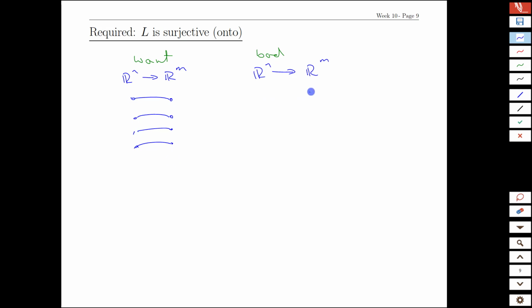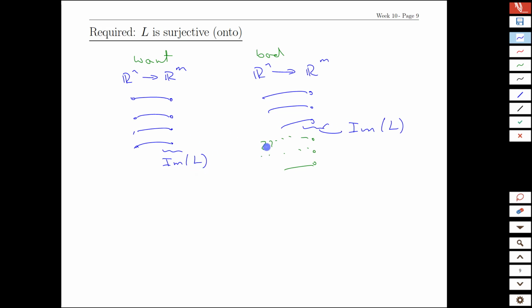What we don't want is a bunch of points, but then having some orphan points which do not have sources, that we can't reach with our transformation. Well, we have terminology for that. This part here is the image of L, the points that we can actually reach.